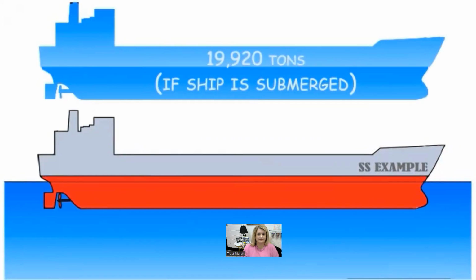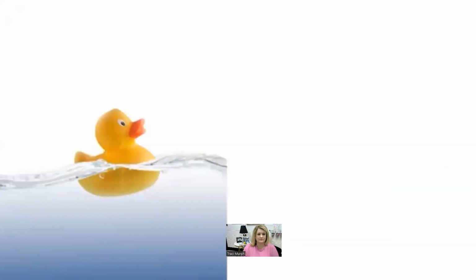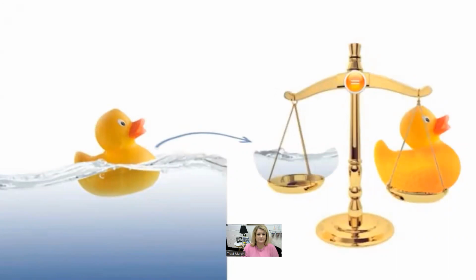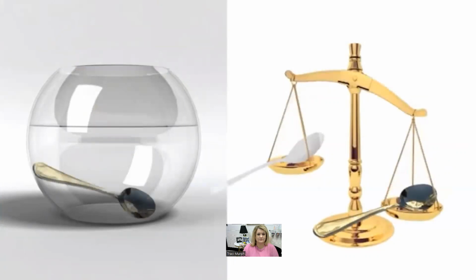The boat can't push down more than its own weight, so the weight of the water keeps it afloat. So, to recap, an object floats if the water it displaces weighs as much as the object. If the object weighs more than the displaced water, then the object sinks.